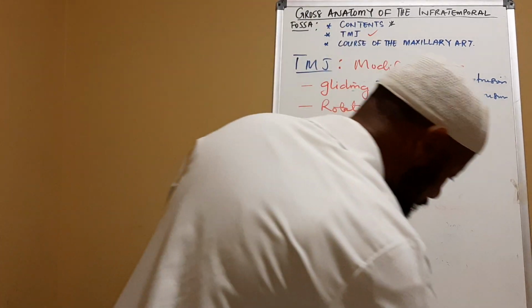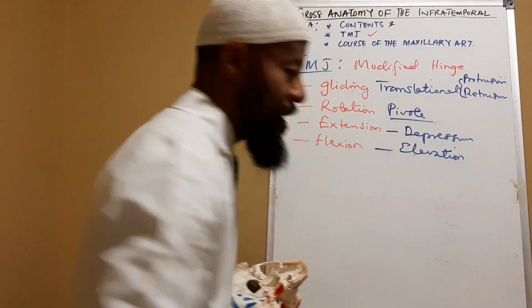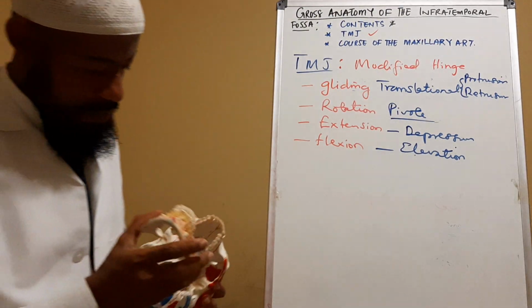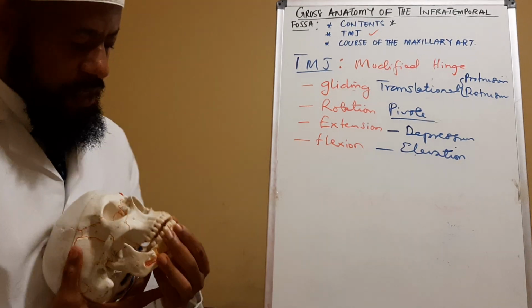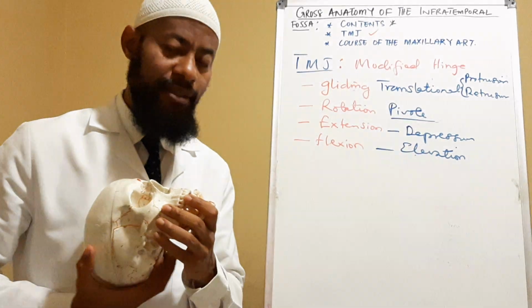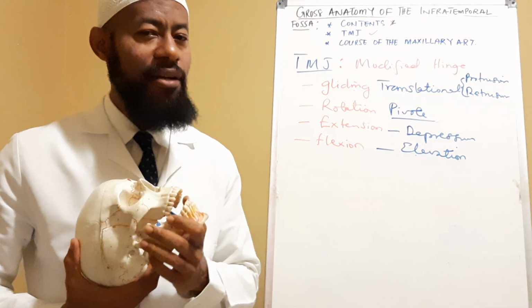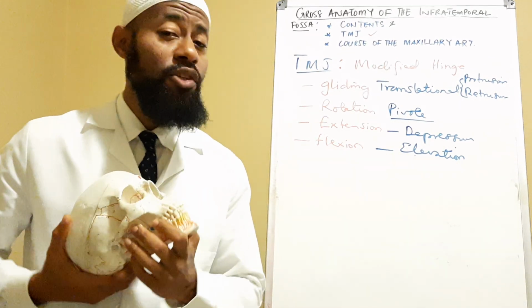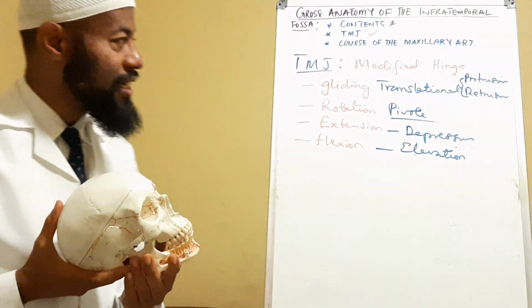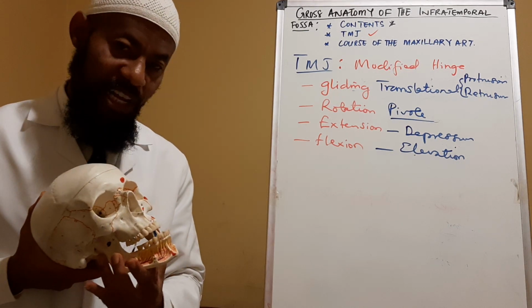Now what do we have here? Let's see what we have at the TMJ. If it is to be a normal kind of hinge movement, we would have this up and down movement. Think about it. If you were to chew like that, I don't think you'll be doing a good job. So you find that there is a gliding kind of movement, which is translational.